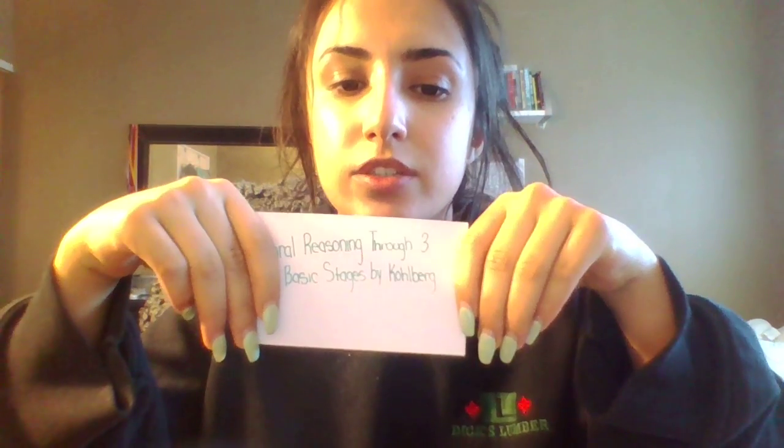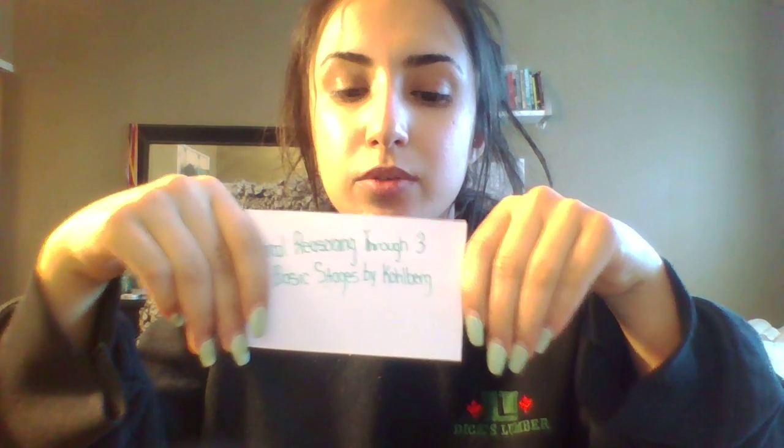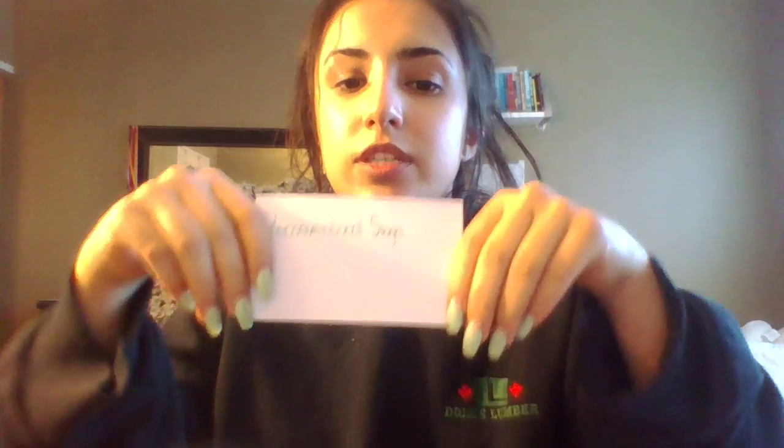Moral reasoning through the basic stages of Kohlberg are the pre-conventional stage, conventional stage, and post-conventional stage. Pre-conventional stage is looking at the consequences. Conventional stage is the social rules. And post-conventional stage is your own ethical rules, what you think is okay to do.